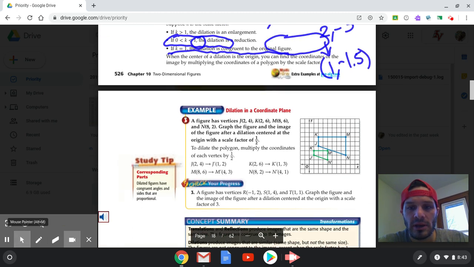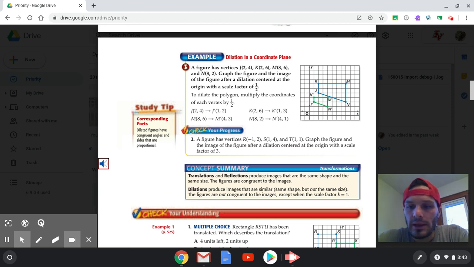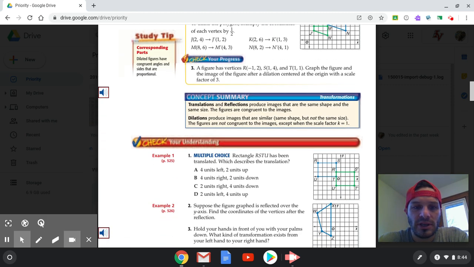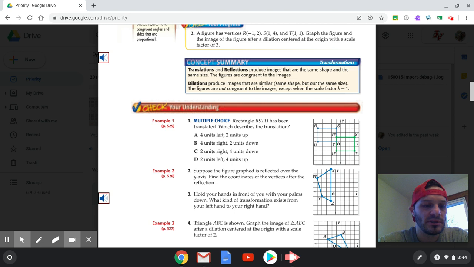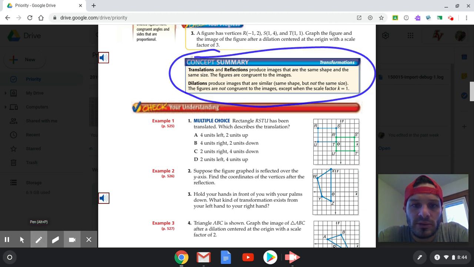And down to the next example, example 3. And lastly, it's got a concept summary here that I'm going to read with you. So it says, translations and reflections produce images that are the same shape and same size. Those figures are congruent, right? So you have congruent shapes with translations and reflections.